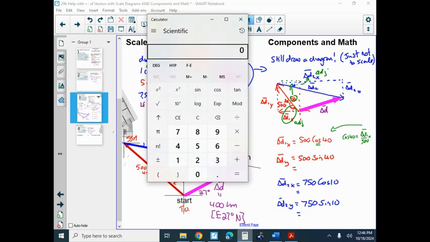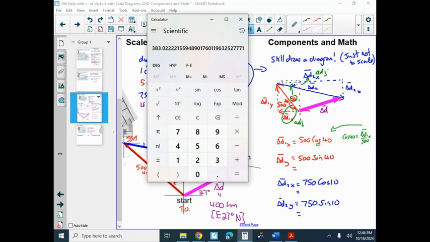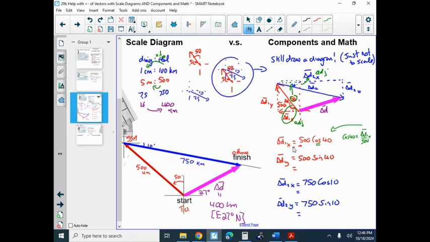So let's do this. We've got our cos, looks like in degrees, and so 40, do cosine of it, and then multiply onto 500. 383.02. So that is this one. Could keep extra numbers if you want, but I'm not going to bother. Sine of 40.